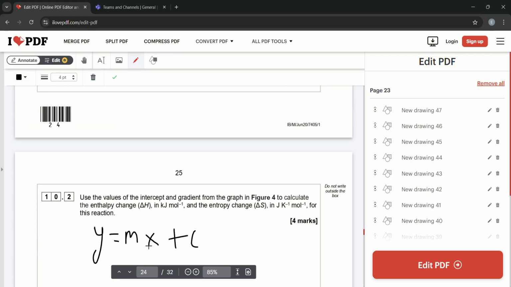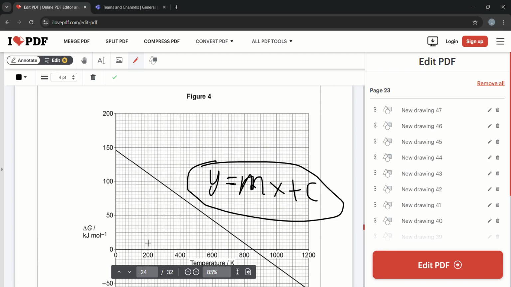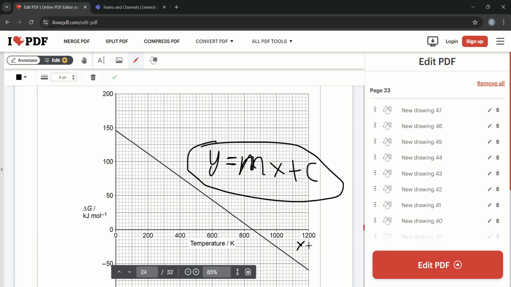Now if we look at y and x, well, we know in this case, this is obviously the x-axis. Basic knowledge of graphs, knowing which one's your x-axis, which one is your y-axis. So the y-axis is here.